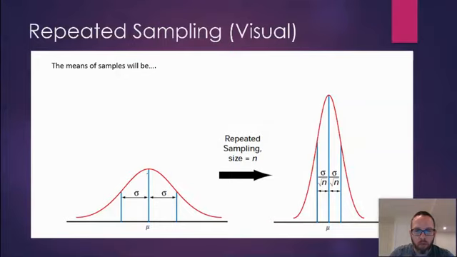So when you take samples, sometimes your mean might be a bit lower. Sometimes the sample mean you get might be a bit higher, sometimes pretty high, sometimes low, sometimes maybe right on. But the idea is these sample means that you collect are going to be normally distributed too.